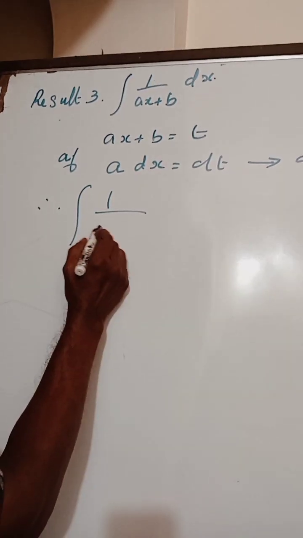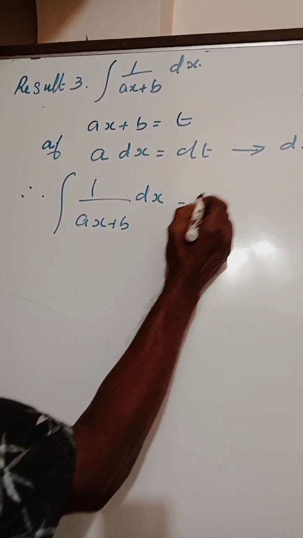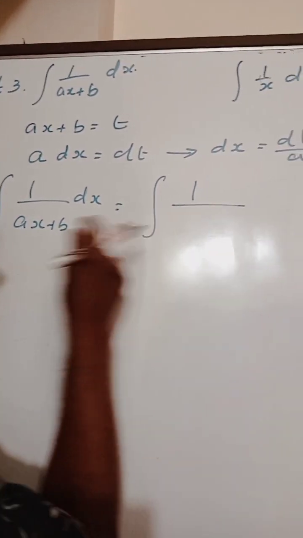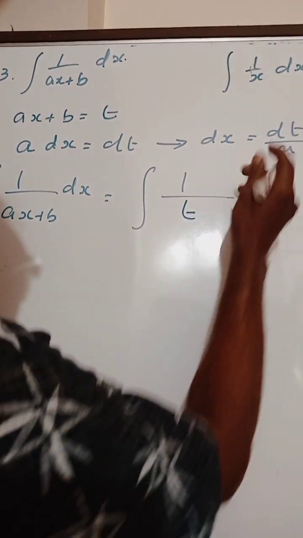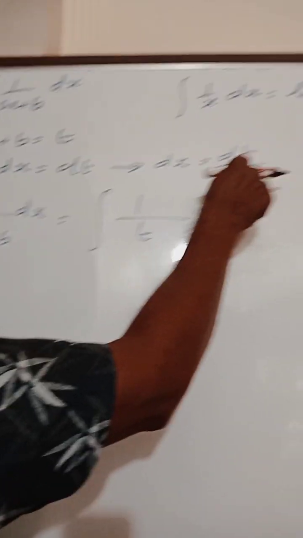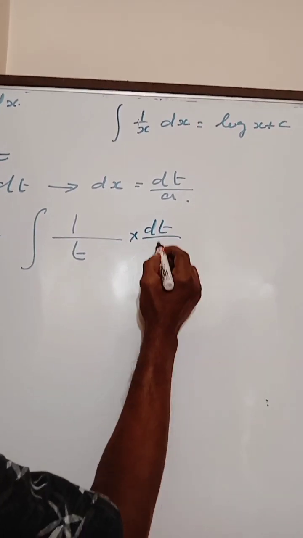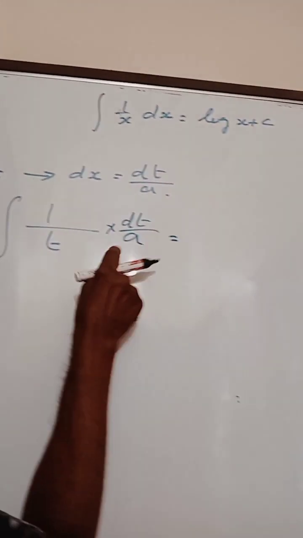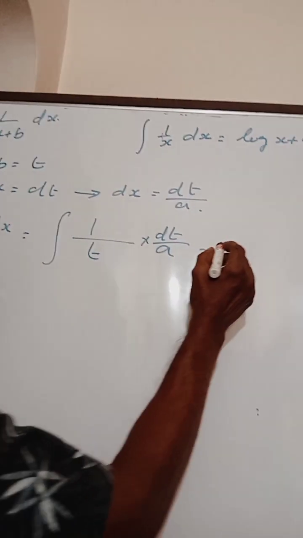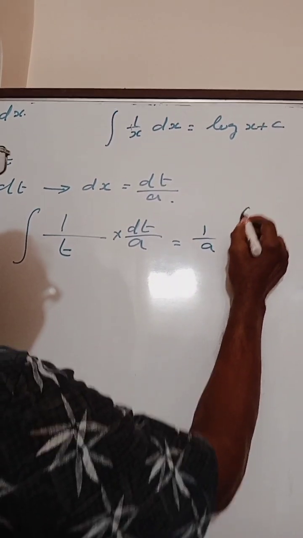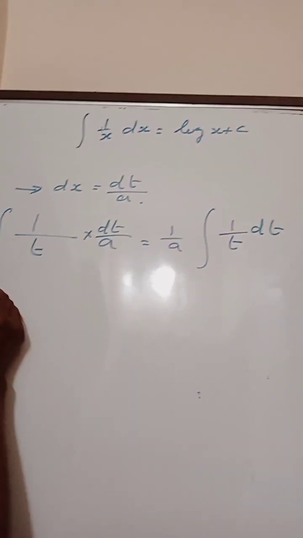Therefore, integration of 1 by ax plus b dx is equal to integration of 1 by, instead of ax plus b we put t, 1 by t, instead of dx we replace dt by a. We can take 1 by a, which is constant, outside of integration. 1 by a into integration of 1 by t dt.